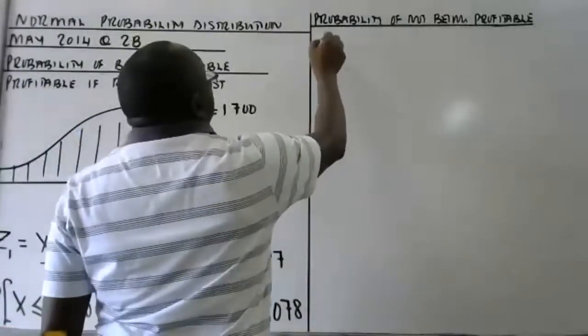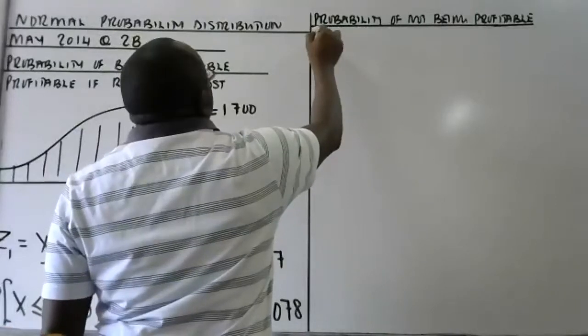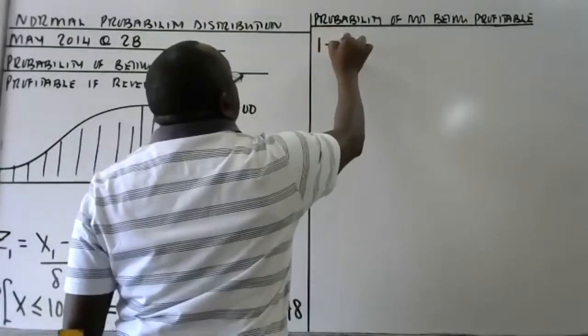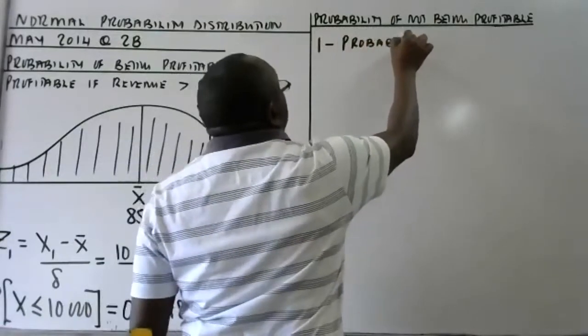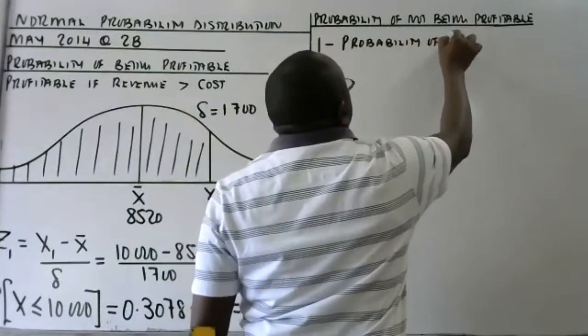This one will simply be 1 minus the probability of being profitable.